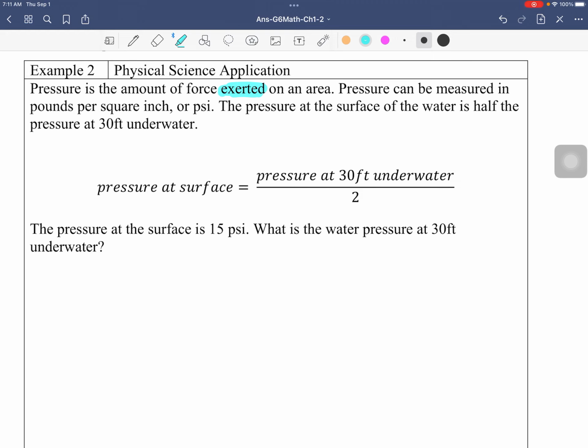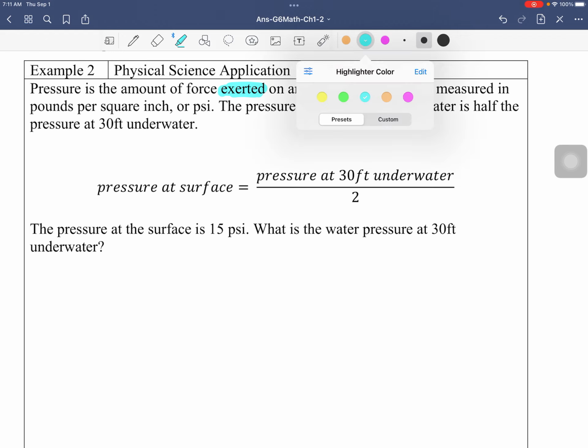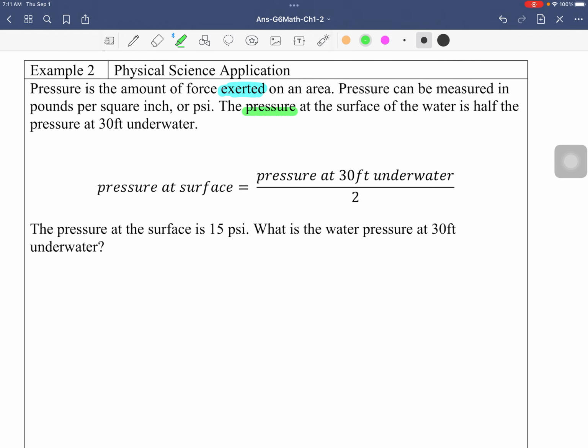The pressure at the surface of the water is half the pressure at 30 feet underwater. Here's the relationship. The relationship tells us the pressure on the surface of the water is half of the pressure at 30 feet underwater.